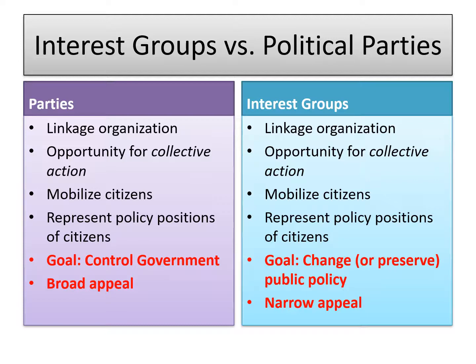The goal of the NRA is not to win elections, but rather to maintain current levels of gun rights and to be sure that new laws aren't passed that would limit those rights. Therefore, interest groups have a much more narrow appeal. Since they're not trying to win a whole election that requires a majority of voters, they can appeal to a specific subgroup of people, all of whom are usually pretty similar to each other in their desires.